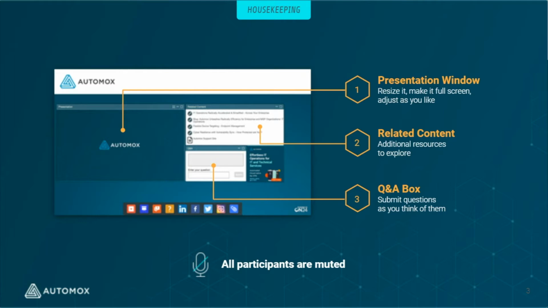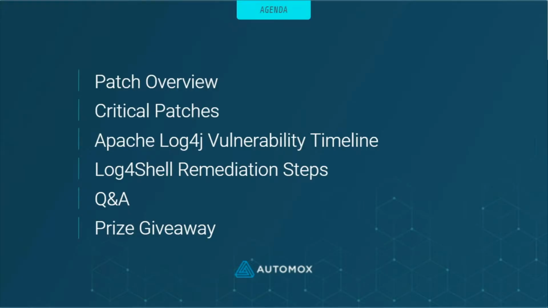Now, what's on the agenda for today? In our Patch Tuesday webinar series, we organize and prioritize the high-impact issues, offering the most vital information that impacts your environment regarding vulnerabilities and remediation. We're going to begin with an overview of Microsoft's patches for this month, for January. And while our focus is on critical vulnerabilities related to Microsoft, we'll also cover a critical vulnerability from Google and some updates from Adobe as well.